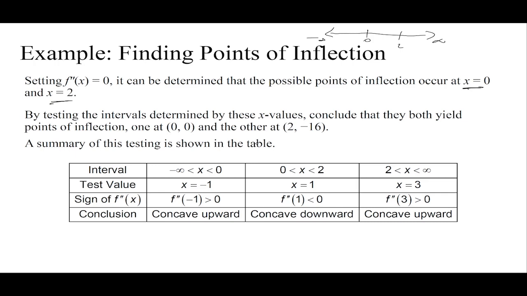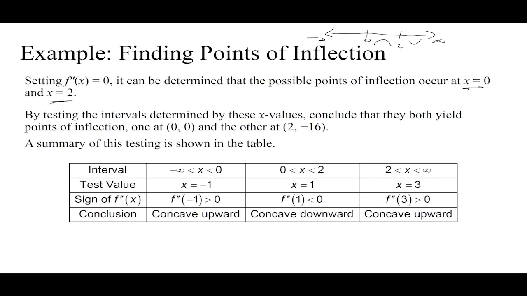So this point 0 is an inflection point. Similarly, when you go from left of 2 to the right of 2, look at here. On this interval, the curve is concave downward, but on this interval, the curve is concave upward. So it's changing the nature at 2. That's the reason 0 and 2 are the 2 inflection points.